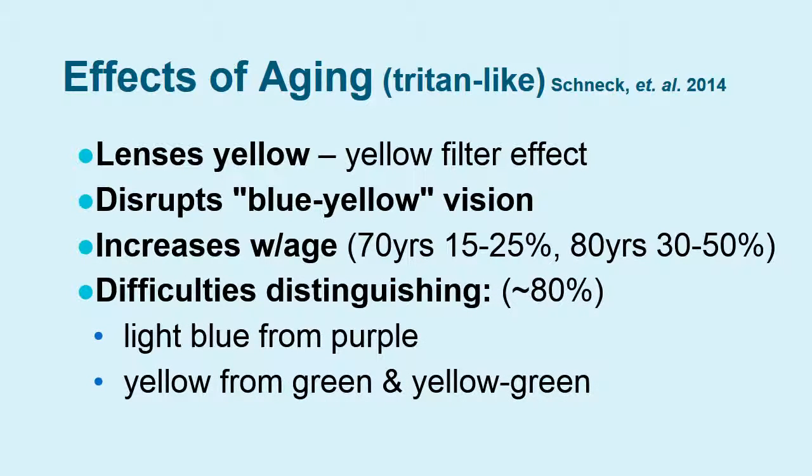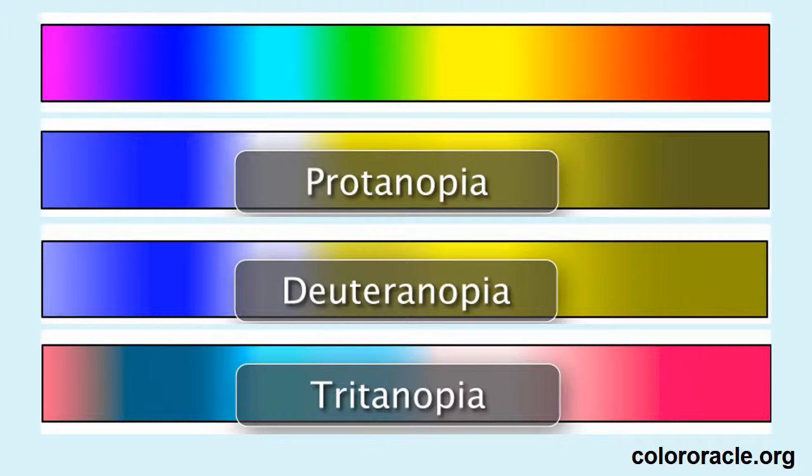And of those that did not pass the test, 80% had an issue with distinguishing light blue from purple and yellow from green and yellow-green. So it is a Triton-like effect, but it's not exactly the same. But again, green shows up as being a problem, and distinguishing green and yellow in every case.